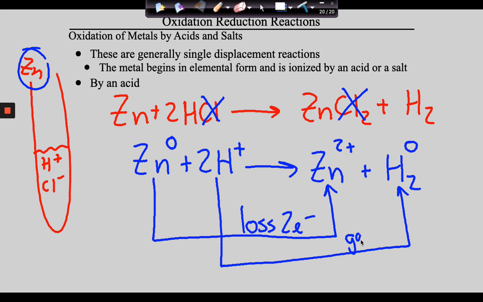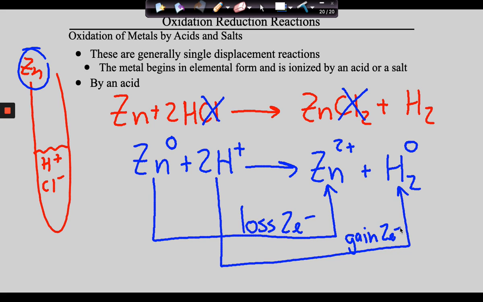So this represents the gaining of 2 electrons in total. Does that make sense? Guys, this is what is called the law of conservation of electrons. We will talk about it more in chapter 20. But guys, understand right now, electrons in has got to equal electrons out. But the ones that I give you always will.